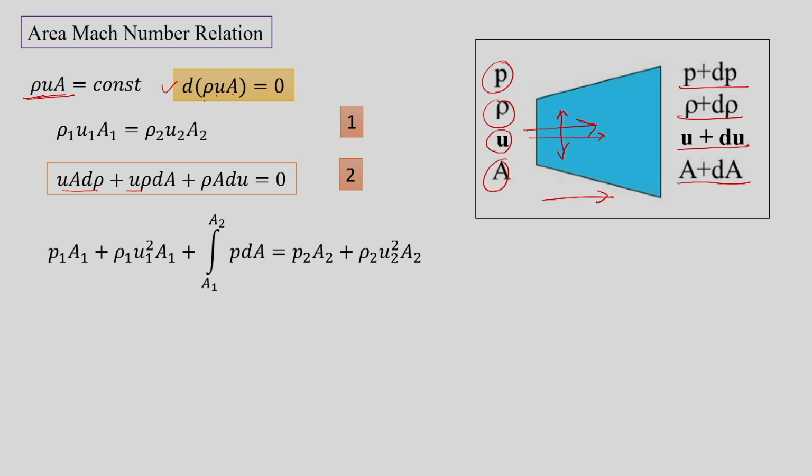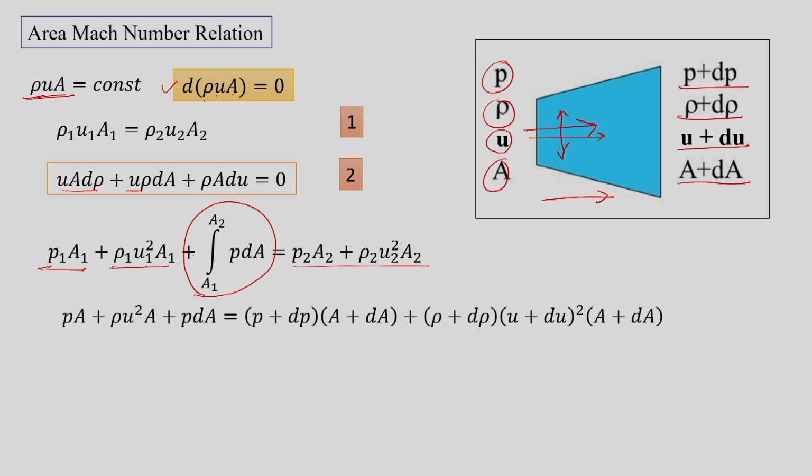For quasi one dimensional flow, the equation for momentum is this, where this term was not present when we were considering the one dimensional relation, which was P plus rho u square is equal to constant. But now we have area variation. So, we have P1 A1 plus rho 1 u1 square A1 plus the area variation in the direction of the flow is equal to outlet pressure into area plus outlet rho u square into area.